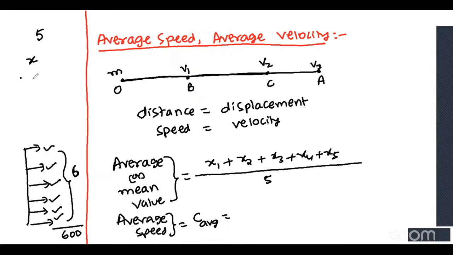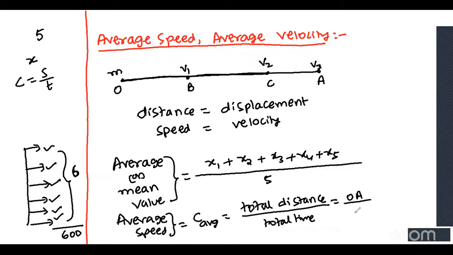Generally, speed means distance by time, so average speed is total distance by total time. Total distance means from O to A, and time taken is from O to A.